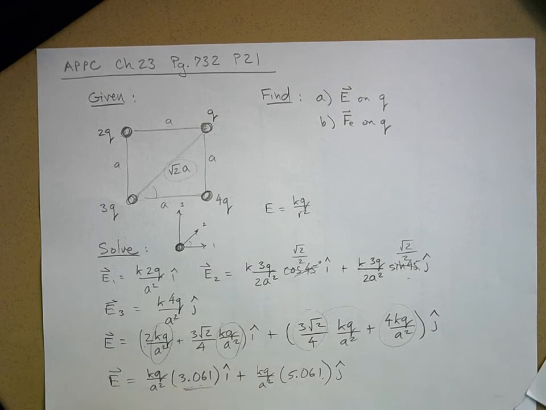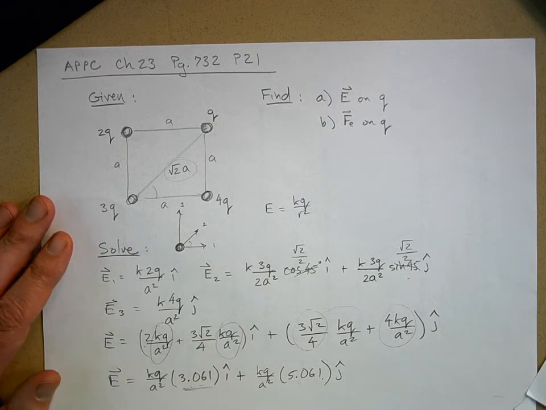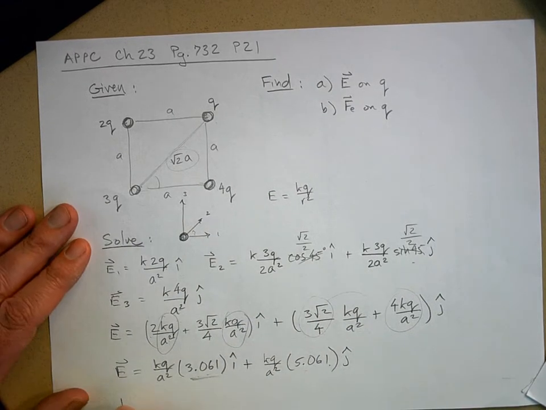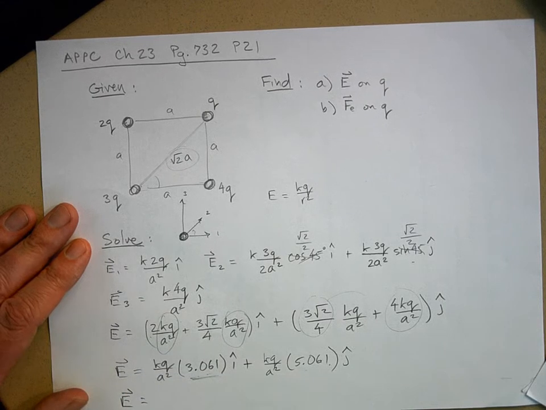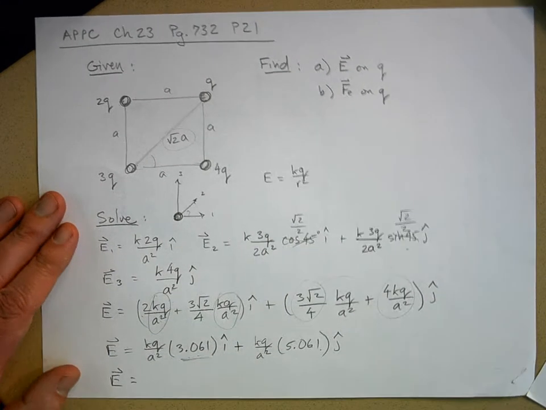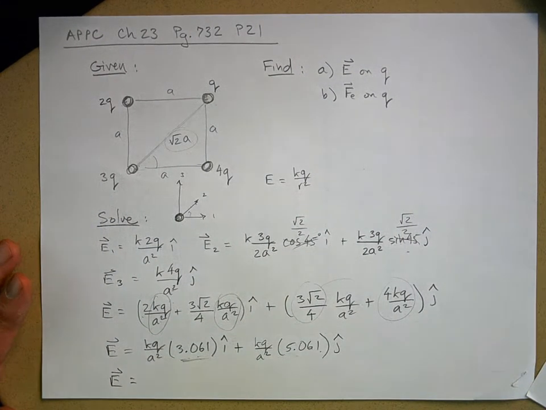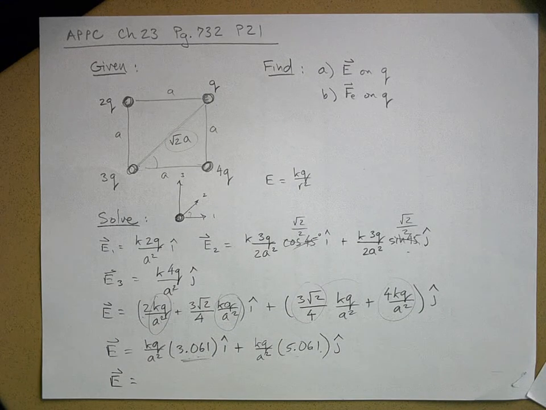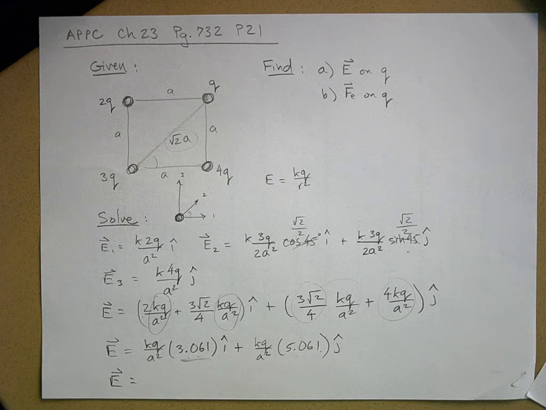You can factor out the kq over a squared, and then just use Pythagorean theorem and inverse tangent. And what you end up getting in polar coordinates, and I'm just going to assume you can do that. And by the way, a lot of your calculators have a conversion from polar to rectangular coordinates built in. So when I'm teaching vector addition and all that, I want to see that.